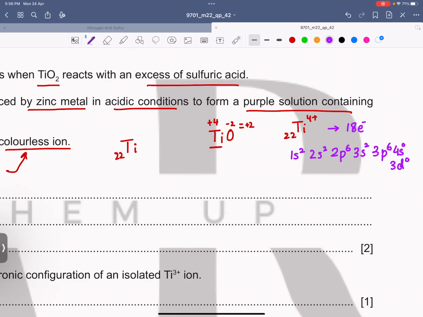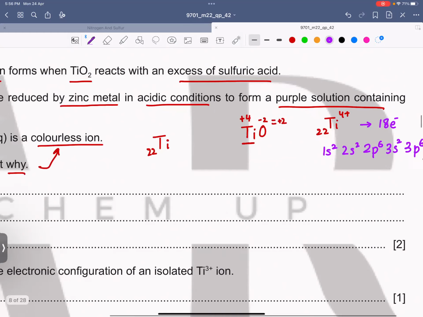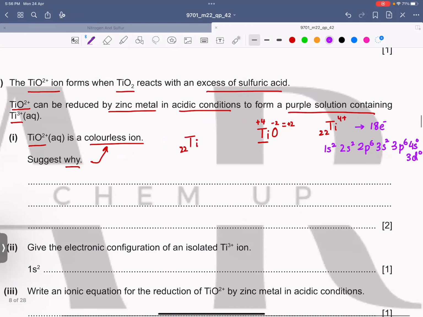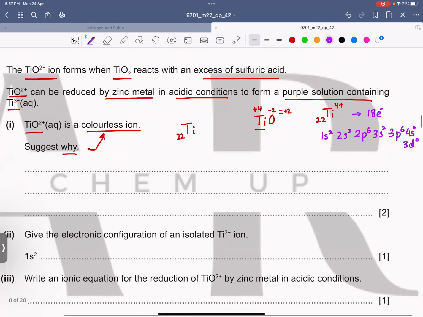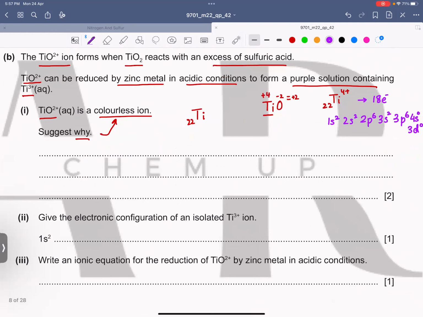So there is no electron in 4s and 3d. If you recall the principle of how the compounds of these transition elements show color, the reason is the splitting of the d orbitals. When the d orbitals are split, an electron from the lower energy d subshell jumps to the higher energy one by absorbing light.